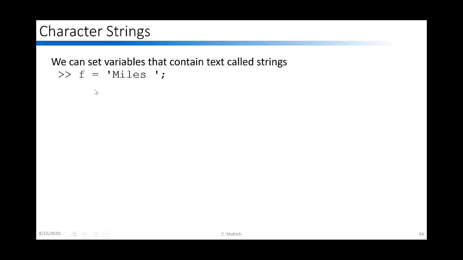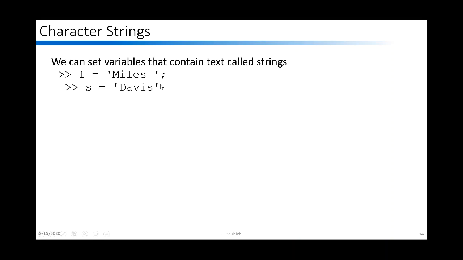So just like we did before with using those labels, we can tell MATLAB that we want to store text using these quote marks. So I could store the text string miles in a variable called f just by saying f equals open quote miles close quote.